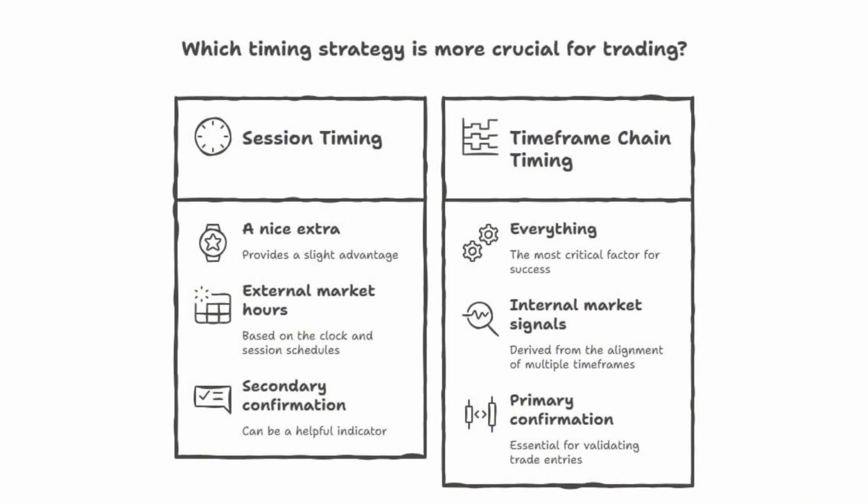What actually matters is the timing of your chain. So daily gives you the idea, 4 hour gives you the location, and lower time frame gives you a volume confirmation. So when all three align at the same moment, this is your timing, not the clock, not the session. So session timing is like a nice extra, but time frame chain timing is everything.